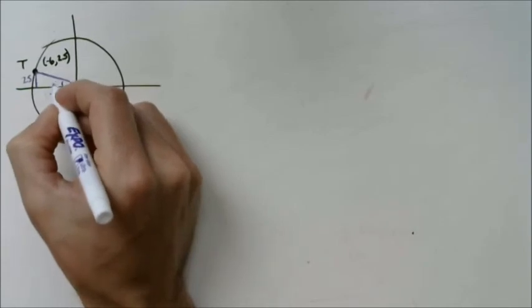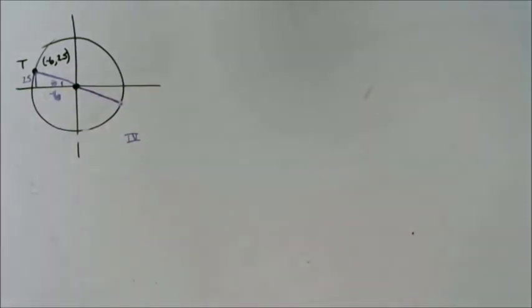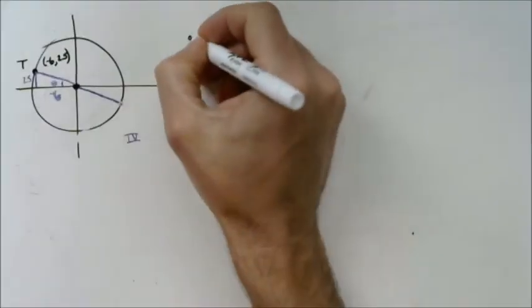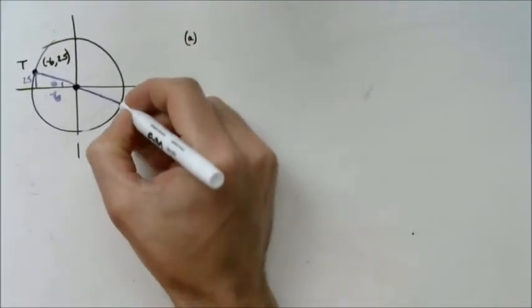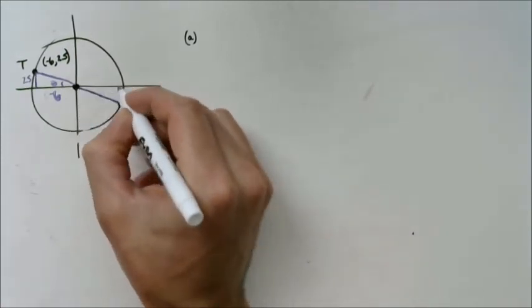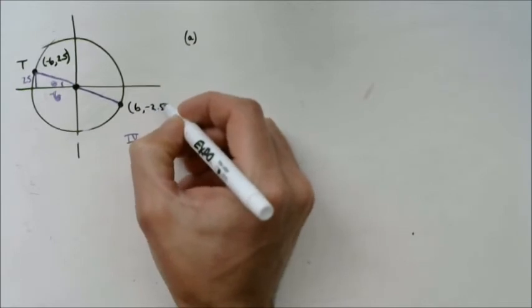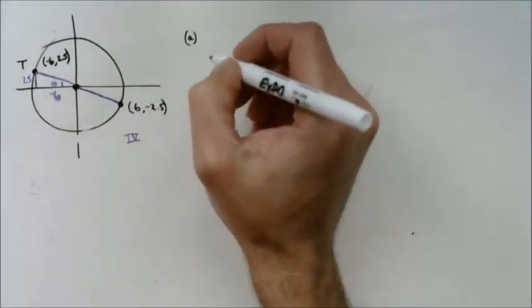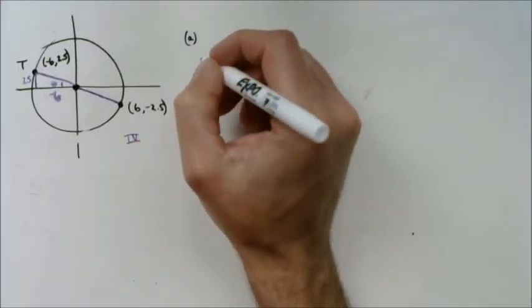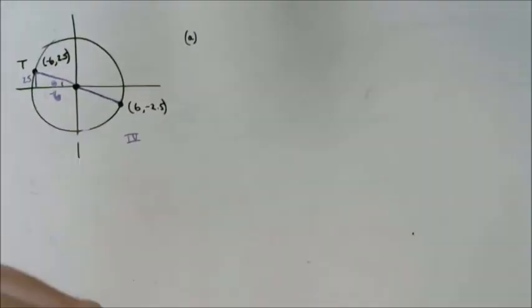Let's name this angle theta. Basically, we just need to know that Suzette's house has the same tangent ratio. It's in the 4th quadrant, where we're looking at now +6, -2.5. Okay, that's the answer.